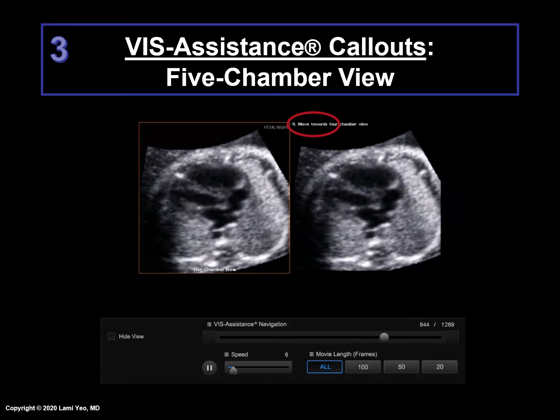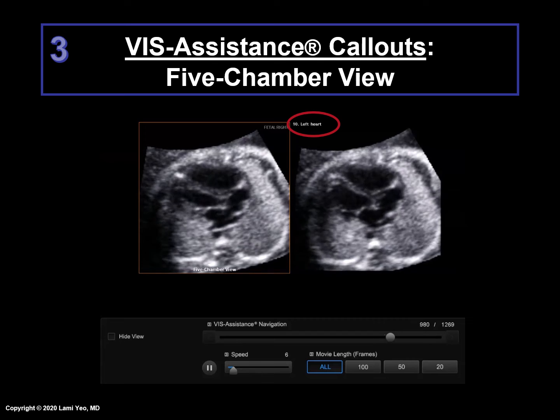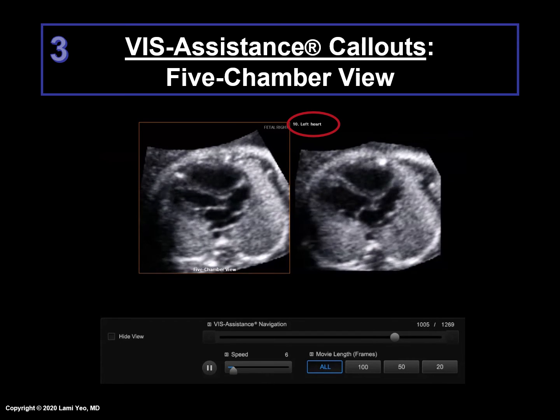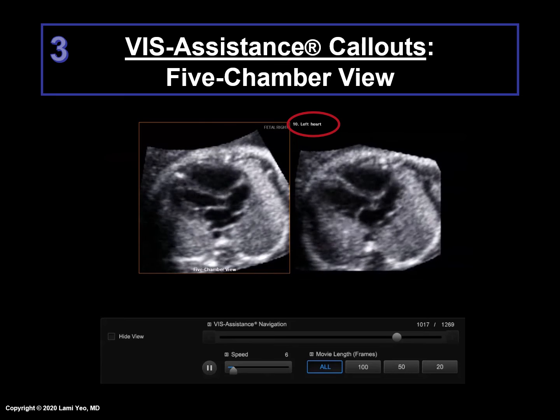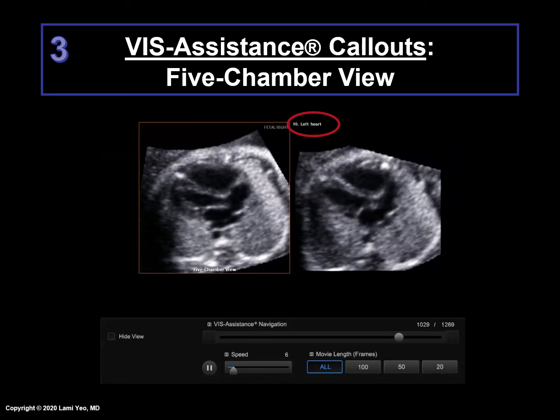The ninth callout states Move Towards Four-Chamber View, but will actually show a different five-chamber view. The 10th callout states Left Heart, again emphasizing the left side of the heart along with the mitral valve.